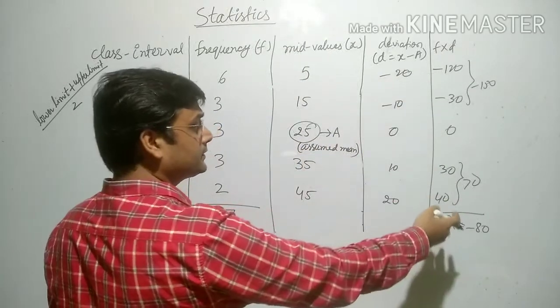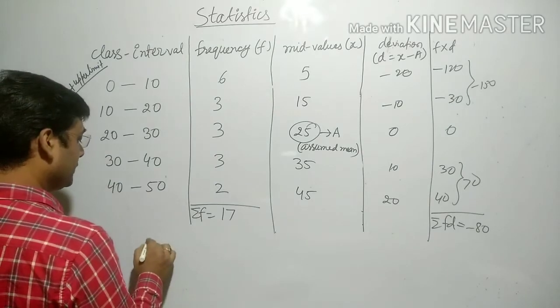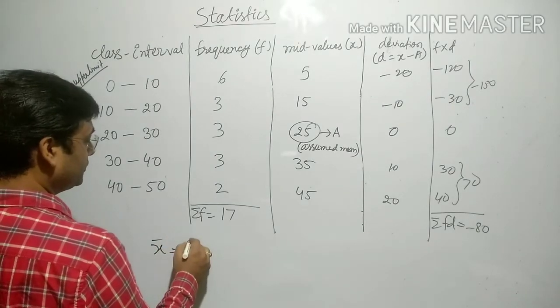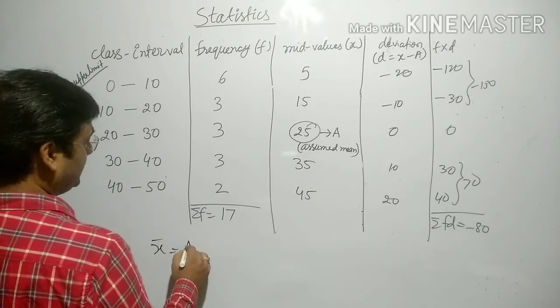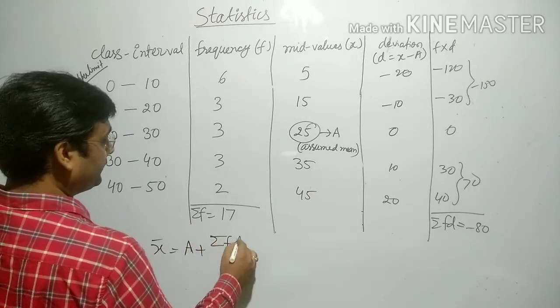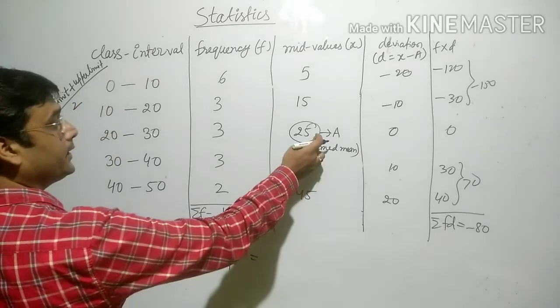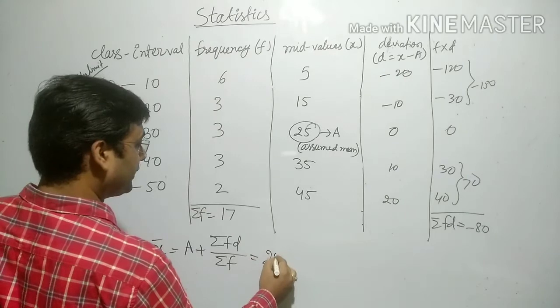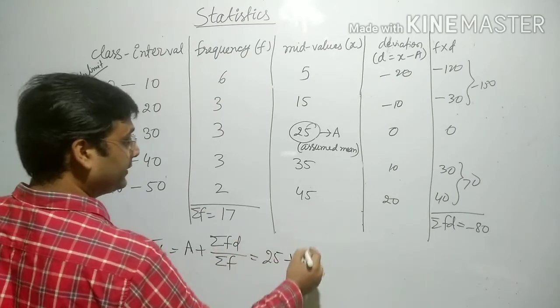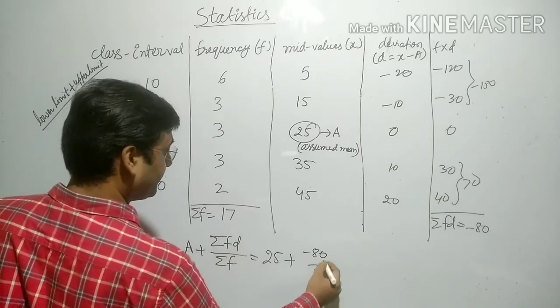After finding this, now we will implement the formula, and the formula was x bar is equal to a plus sigma fd divided by sigma f. A is 25, so 25 plus sigma fd minus 80, divided by 17.